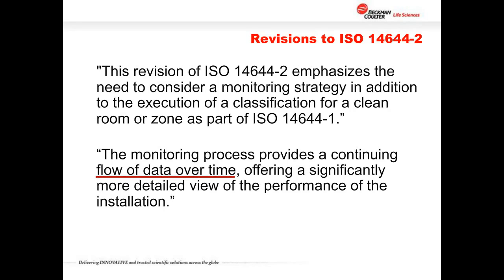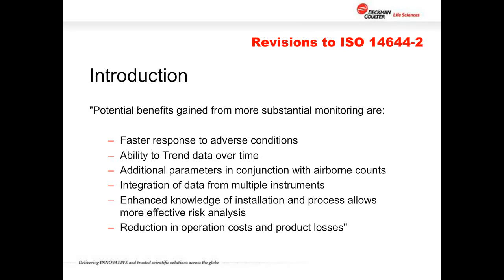So the flow of data over time. When we do monitoring, and the more monitoring we do, the more substantial it is, the better we can understand that the area is within our boundaries. And in many cases now we talk about risk analysis.